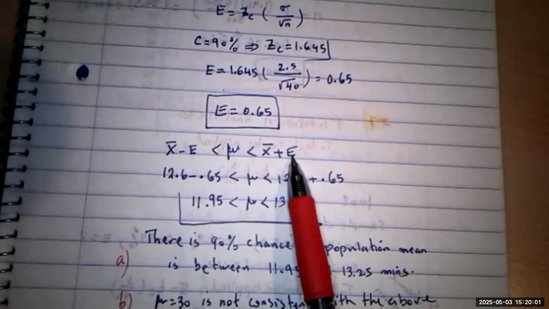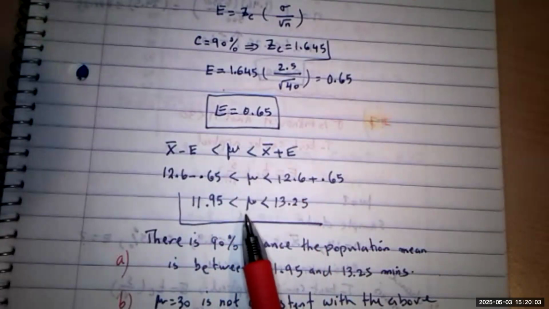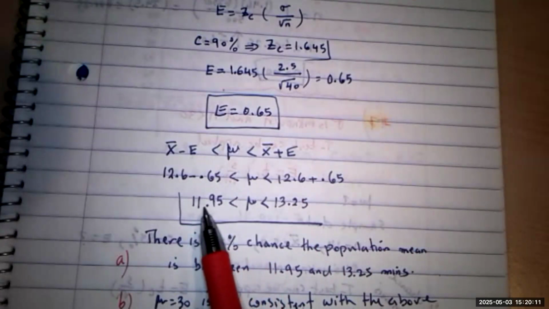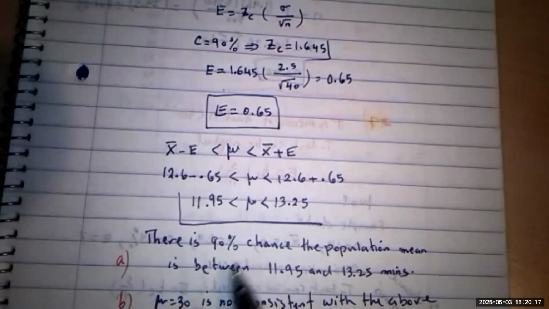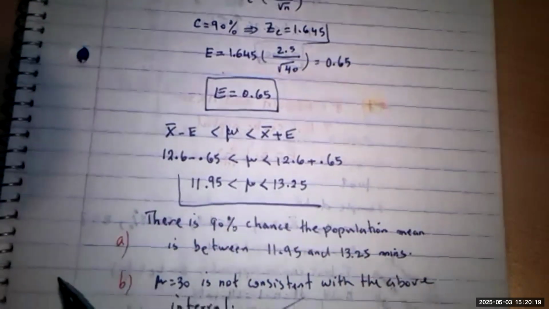Then you set up the formula. So the mu, the time that the professor is spending grading your paper, is going to be something between 12 minutes and 13 minutes. Okay, 13.5. So you make a comment.